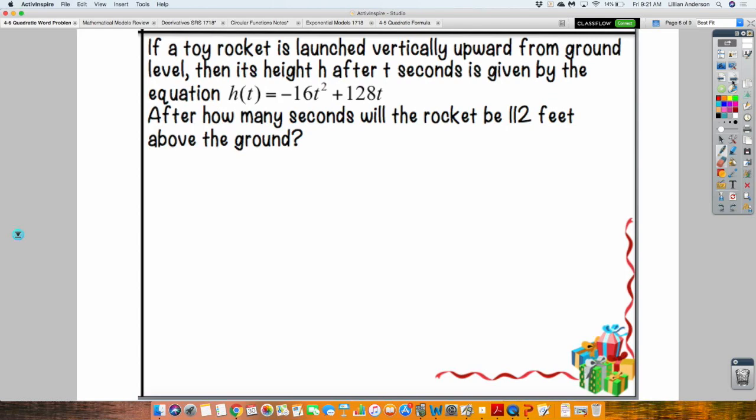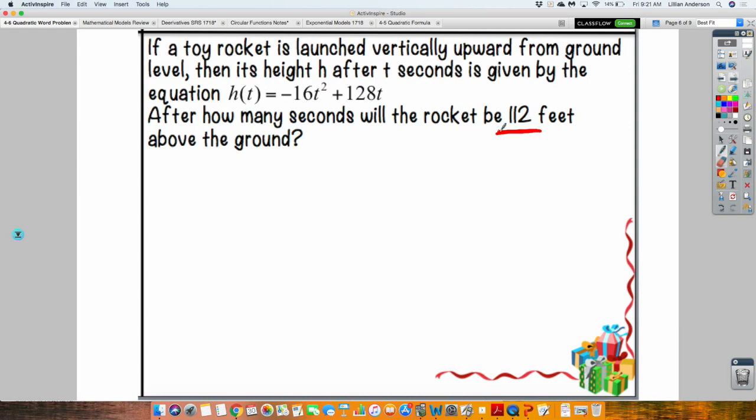I want to do the last one really quickly because there's one like it on your homework, okay? But it's still one of the 3: quadratic formula, x coordinate of the vertex, y coordinate of the vertex. If a toy rocket is launched vertically upward from the ground level, then its height after t seconds is given by the equation. That represents the height of this toy rocket at any point in time.